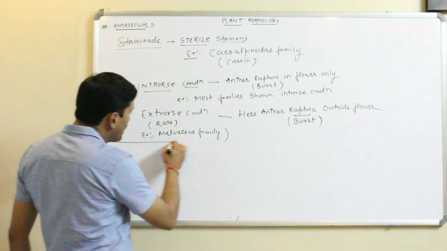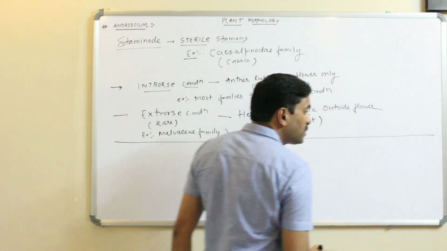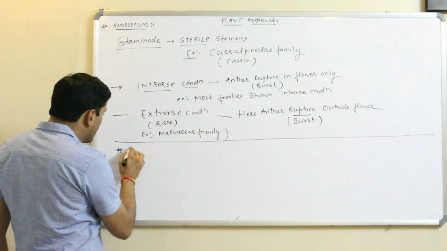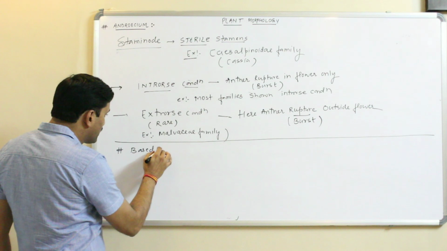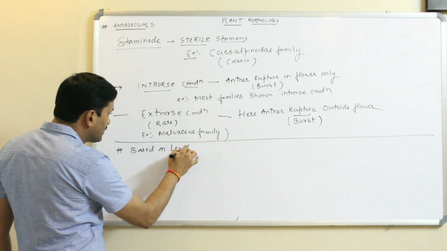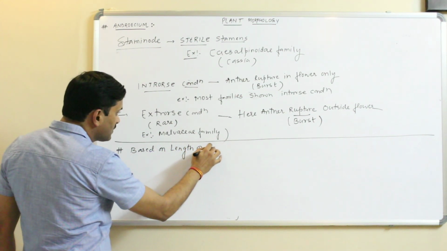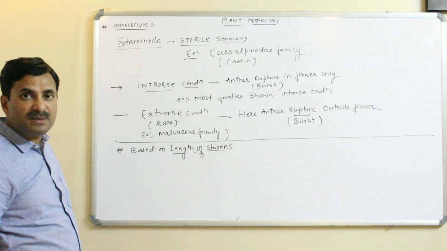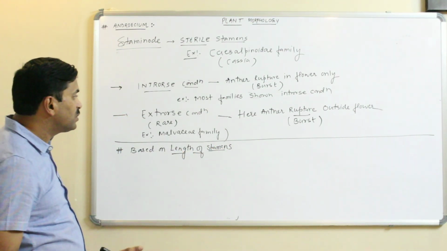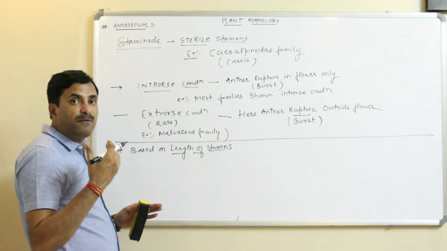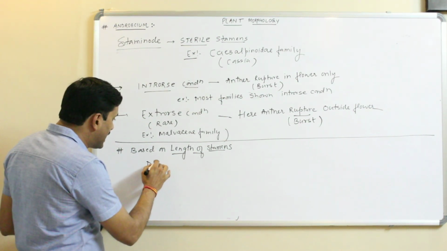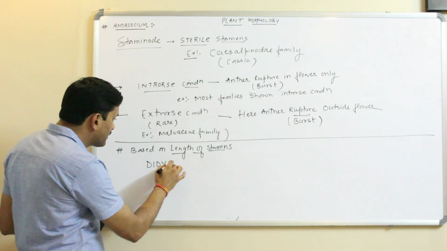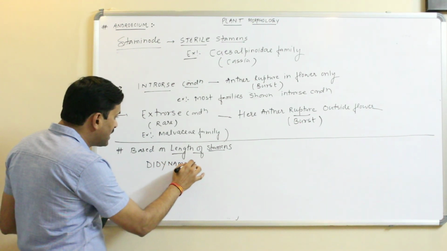Okay, and at last you must also know that based on length of stamens, they may be of two types. There are two conditions: didynamous condition.